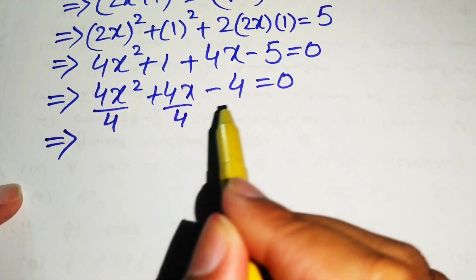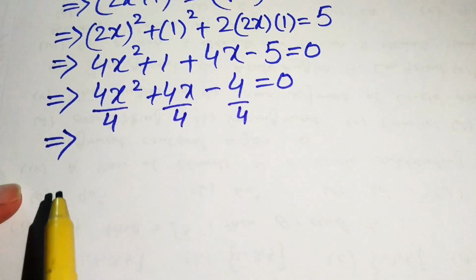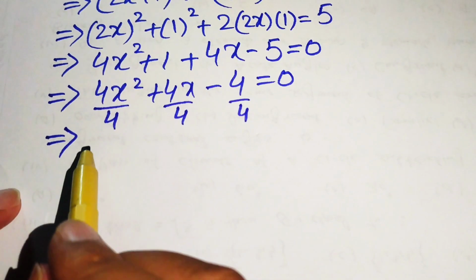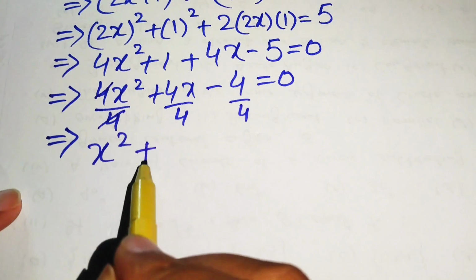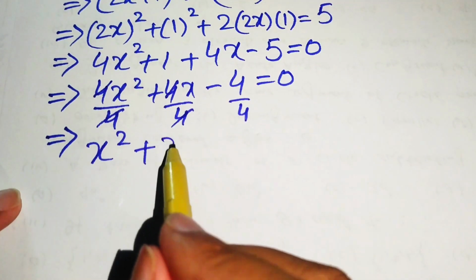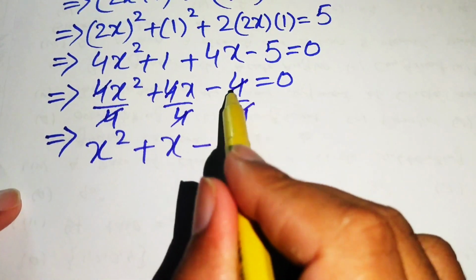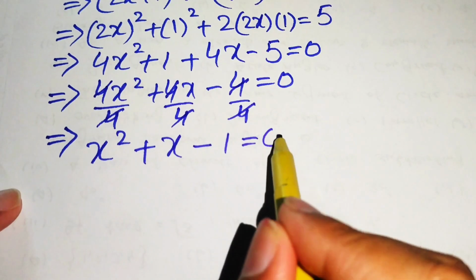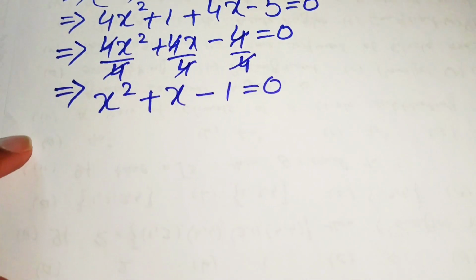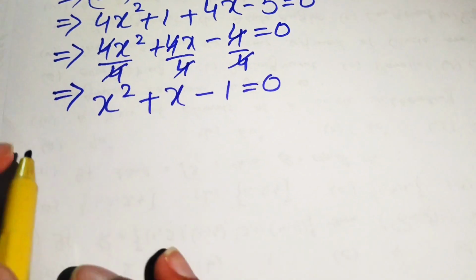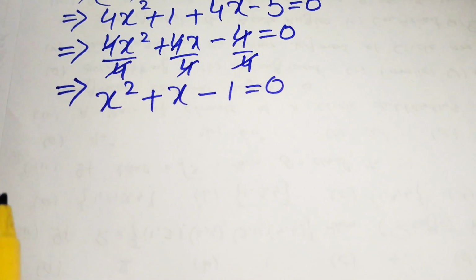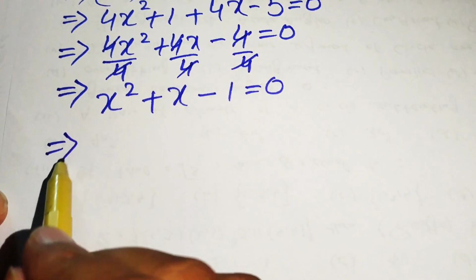The 4 cancels out, and we get x² + x − 1 = 0. So this is the quadratic equation.